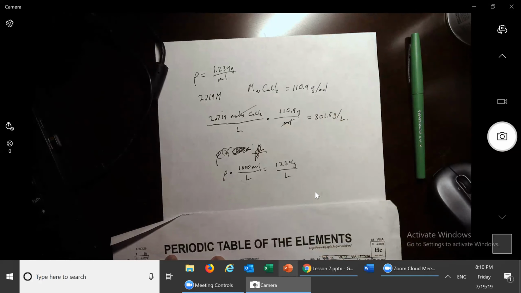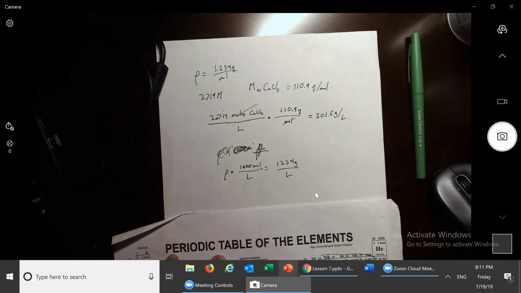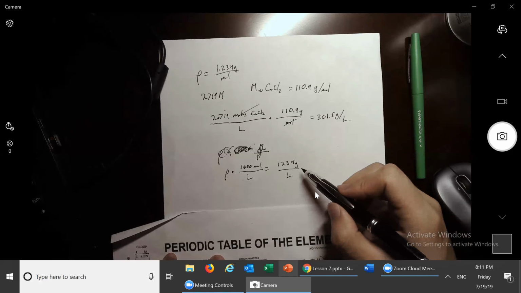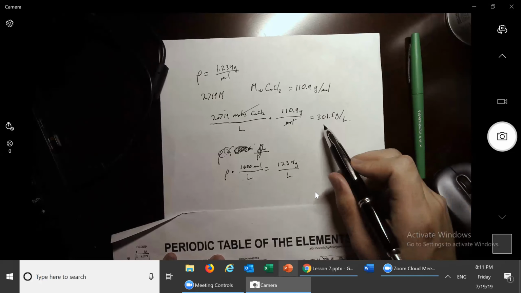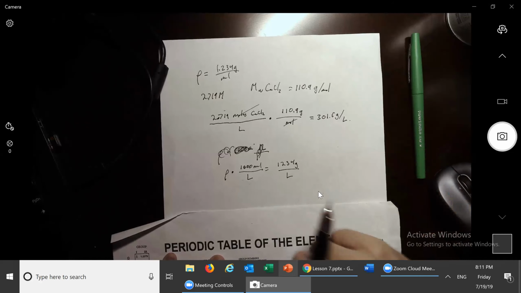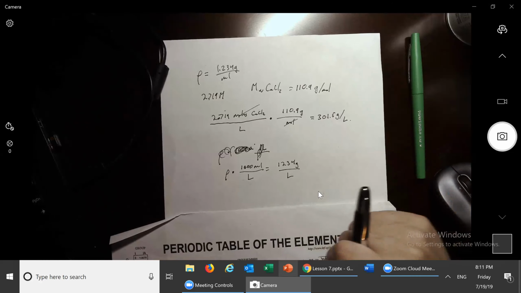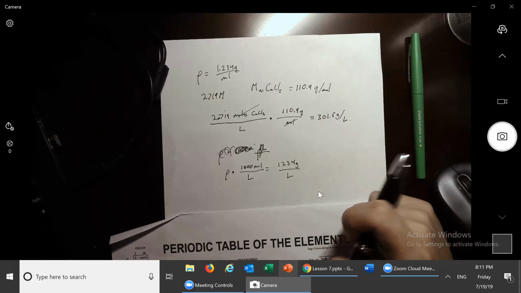Okay, so now we have two weights. The total mass of the solution is 1,234 grams per liter, and the mass of the calcium chloride is 301.5 grams per liter. There are only two things in our solution: water and calcium chloride. So can someone tell me the weight of the water?